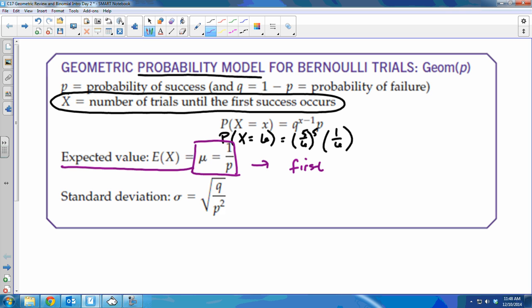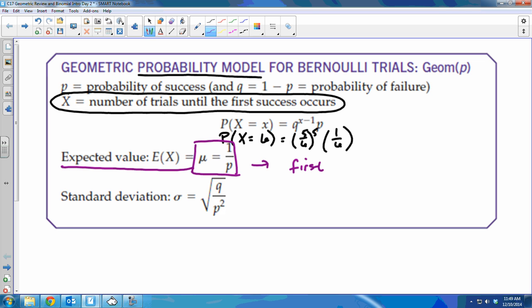But you have to know the expected value. It's important to note, geometric model talks about the first something. Always. First. That's the key word.